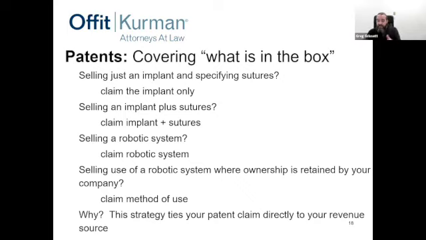As your development changes, and this goes back to the timing of filing, we have application one, and then 18 months go by, and now your product is pretty far afield from where you originally started. So what do you do?